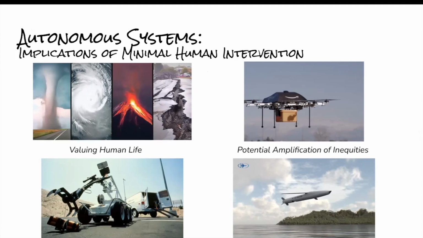Really good uses of autonomous systems would be when natural disasters occur and you need to send drones in to look and try to find people so the firefighters can go find them, or if you're looking to understand what kind of damage has been done or trying to find people who are trapped. That's an extremely valuable use of these autonomous systems, since they allow us to not put other human lives in danger when doing things like trying to find them in natural disaster areas.